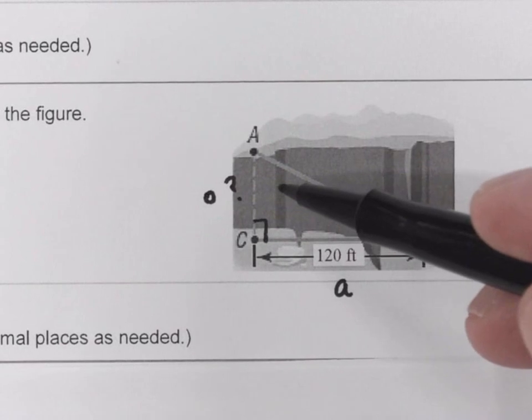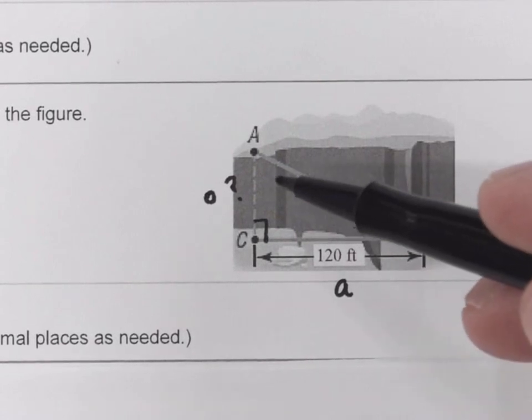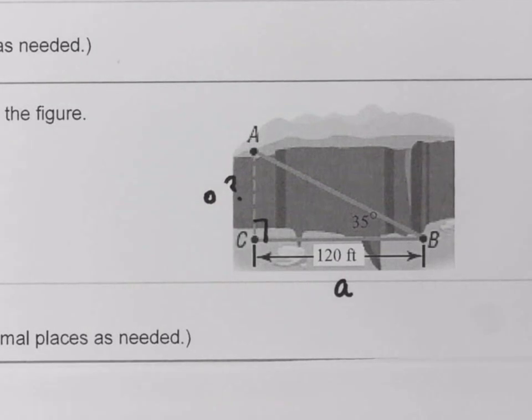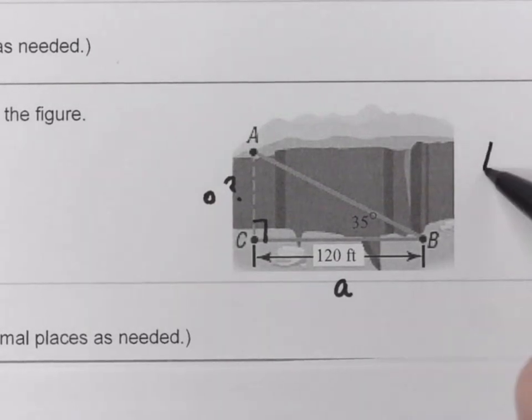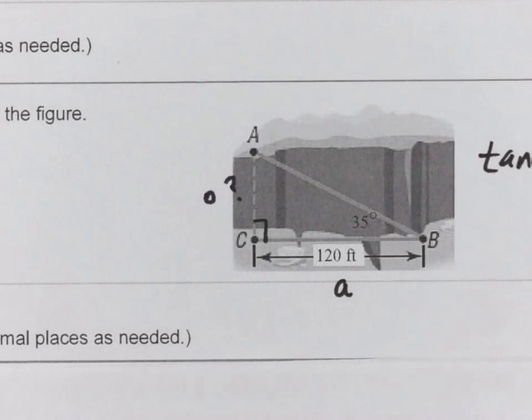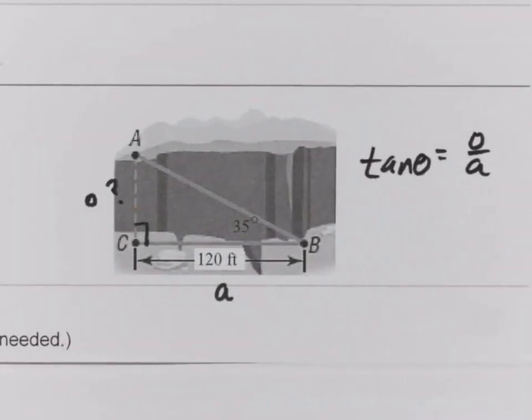Now, which trig function relates the opposite side and the adjacent side of a right triangle? So-called TOA, right? TOA. The tangent of an angle is the opposite over the adjacent.